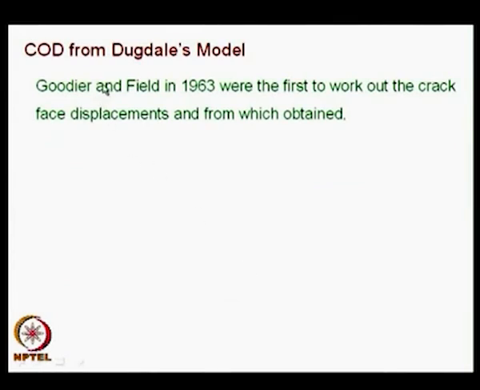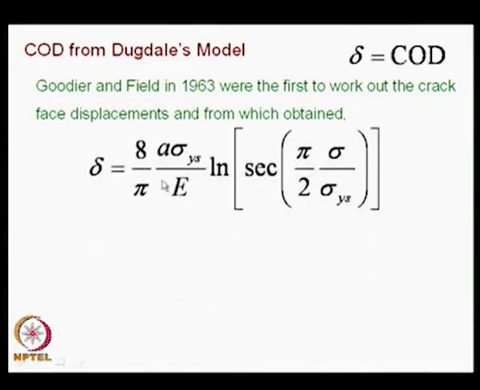And you also have the expression for COD from Dugdale's model. Dugdale reported his model in 1961 or so, and he had only got the extent of plastic zone. From that, Goodier and Field in 1963 were the first to work out the crack face displacements, and obtained a long expression.